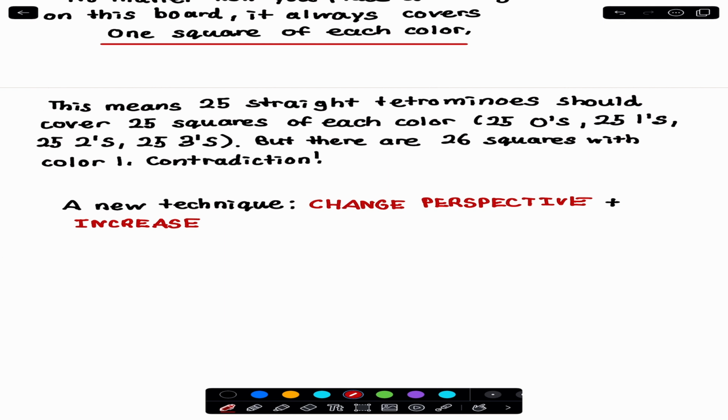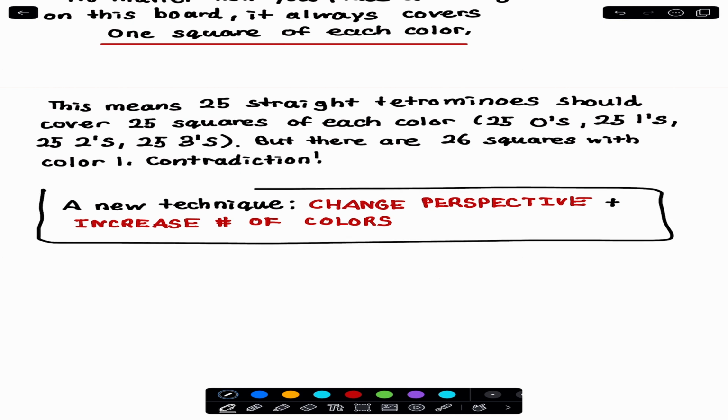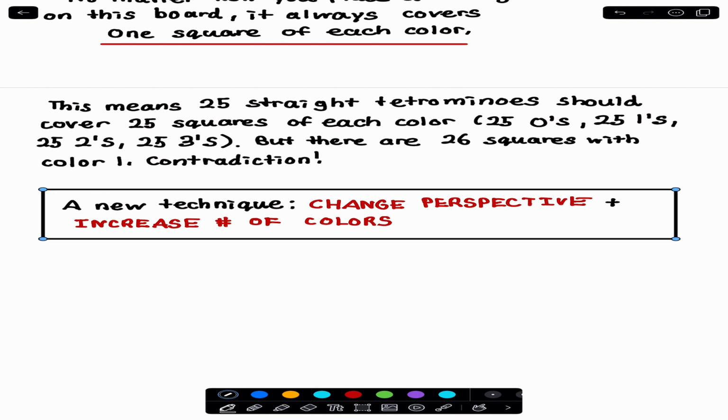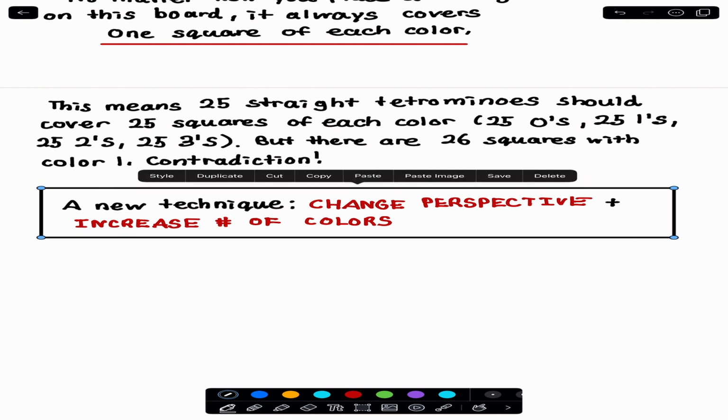It's more like two new techniques, but anyways, let's be consistent. So we got a new technique here, and I'm going to go ahead and box it. Yes, there we go.